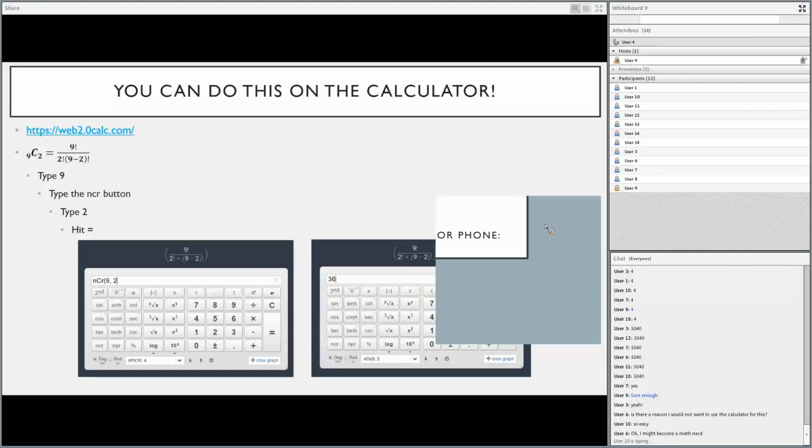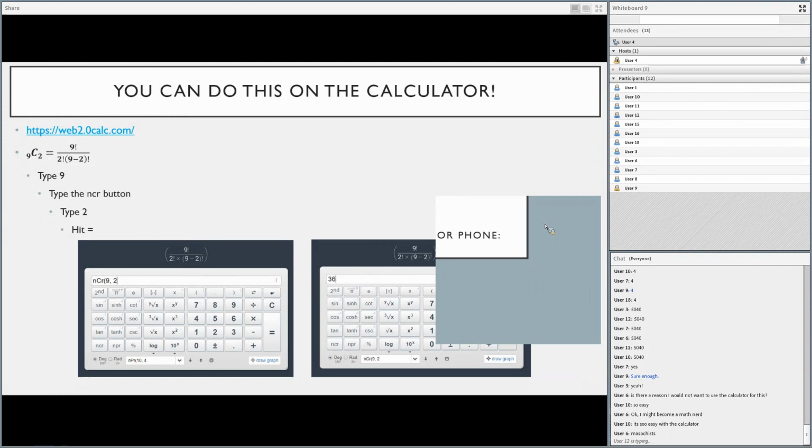Is there a reason I would not want to use the calculator for this? Not that I can think of. I mean, I guess if you, yeah, no. There's no reason. It's certainly fine to not use the calculator. Some people actually like doing work by hand because they feel like they understand the deeper concepts better if they do it by hand.